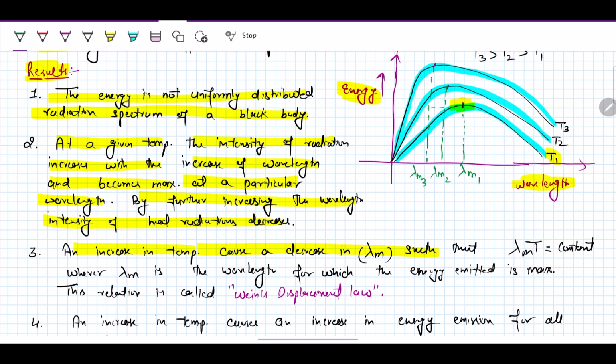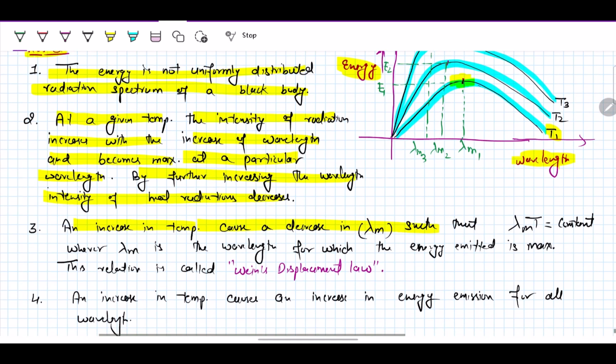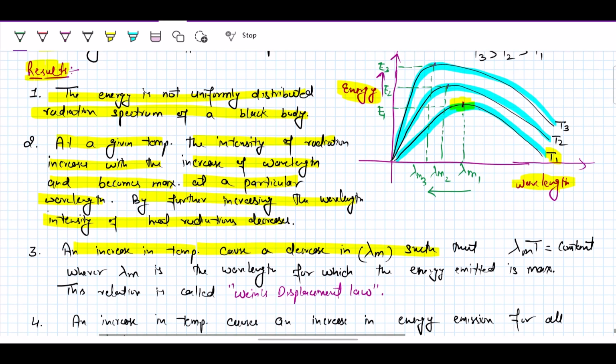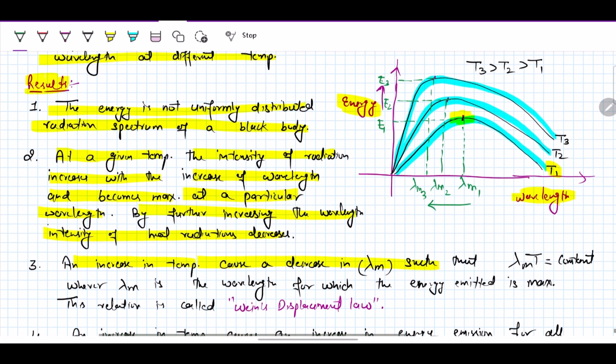And their corresponding energies are, let's say this is energy E1 for temperature T1, this is energy E2 for temperature T2, and there is energy E3 for temperature T3. Okay, so an increase in temperature causes a decrease in lambda maximum, as we are able to observe from this graph as well. We have the condition that temperature T2 is greater than T1 and temperature T3 is greater than T2 and T1.